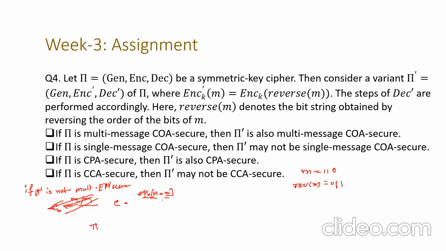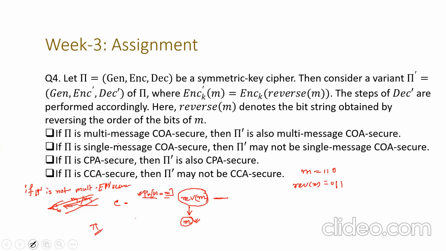Because if we can gain information about the distribution of the reverse string of M, then clearly we can gain information about the actual string M, because the message space is the same. If you know the distribution of reverse of M, you also will know the distribution of M. So using the distinguisher for pi dash, we can create another distinguisher for the scheme pi. Then pi will no longer be multi-message COA secure, but it is already given that pi is multi-message COA secure. So by contradiction, we say that pi dash is also multi-message COA secure.